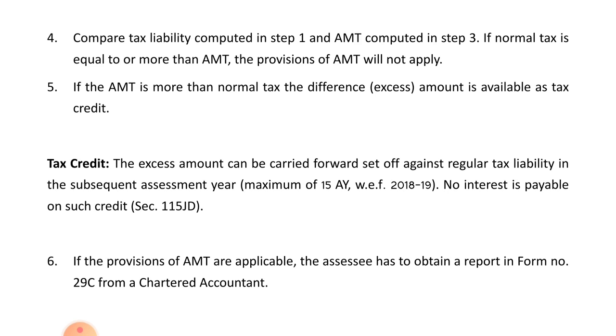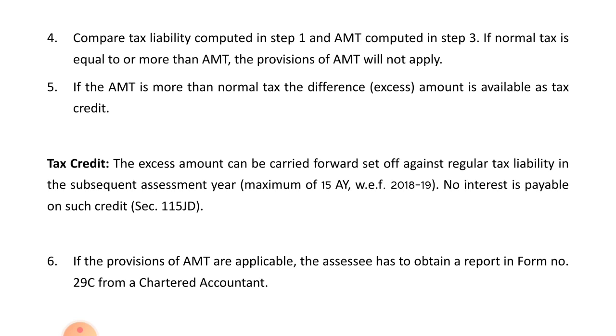Tax credit is the difference between the tax paid under alternate minimum tax and tax paid under normal tax, and they can use this benefit of tax credit in the subsequent years, that is subsequent 15 assessment years.